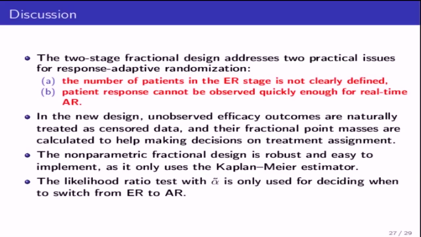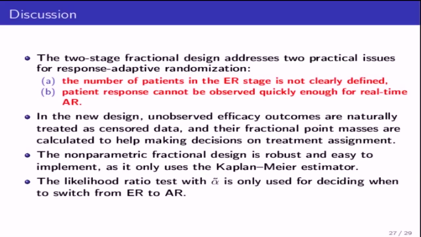The non-parametric fractional design is very robust and easy to implement because it only uses the Kaplan-Meier estimator. And the Kaplan-Meier estimator is a standard method and can be implemented in most statistical software.